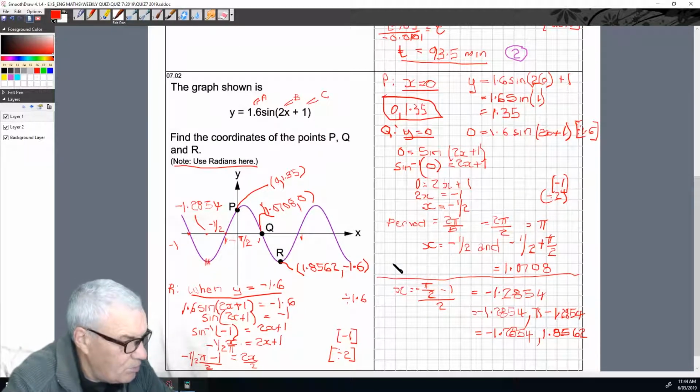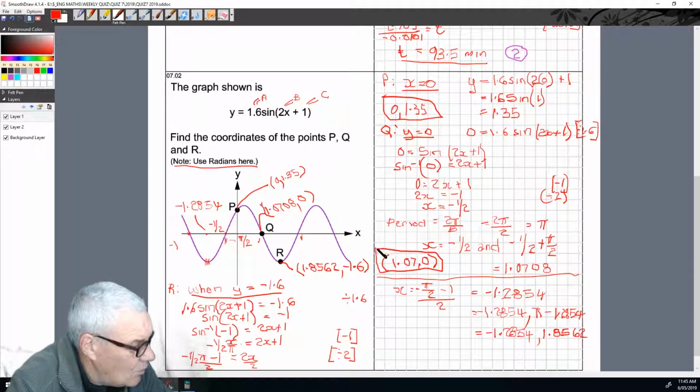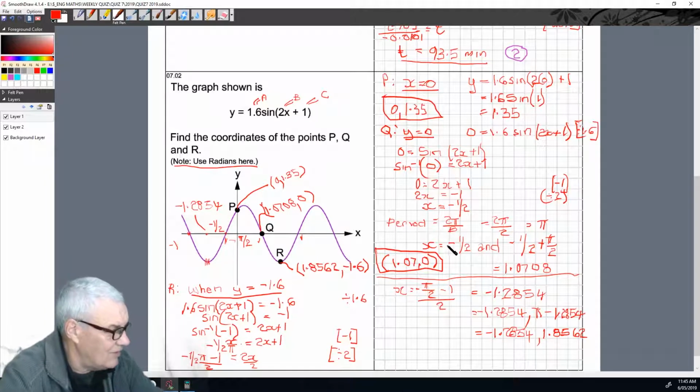Here you could put 1.07, 0, indicating that's the answer to that one.